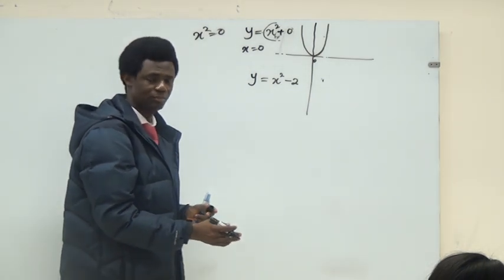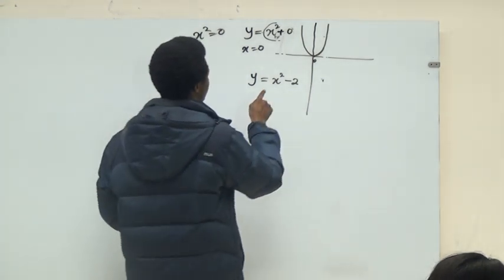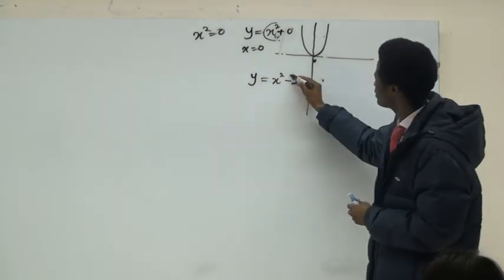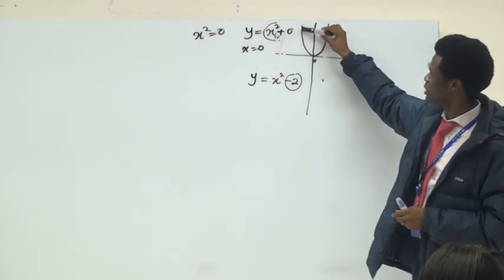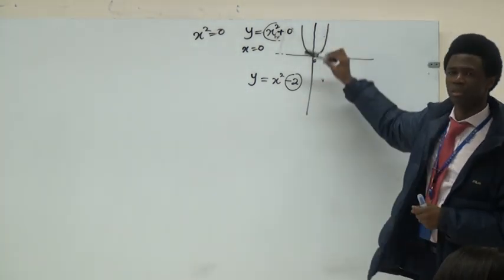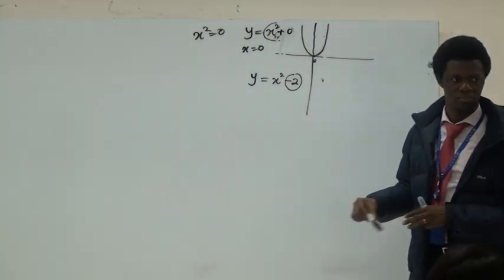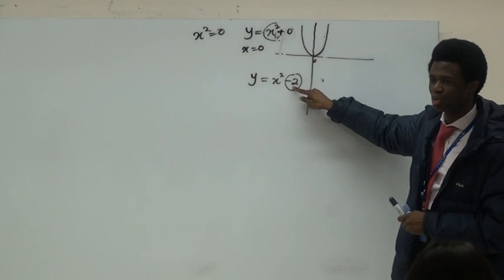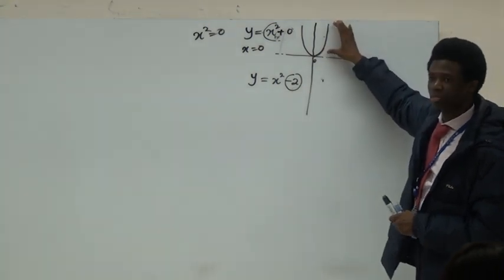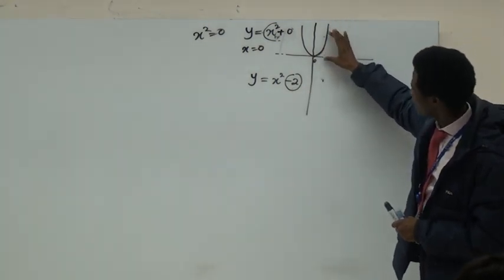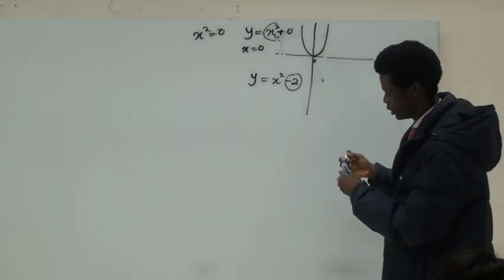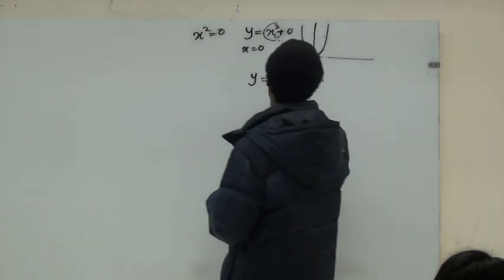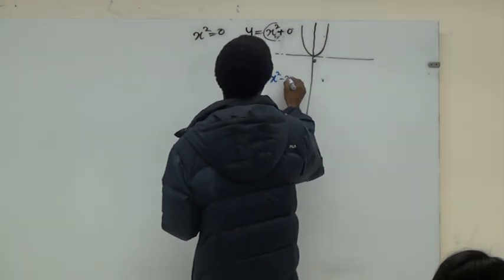Do you understand that? So this y part tells us how the shape moves along the y-axis. By having minus 2, it means this shape is going to be dragged down 2 steps. So this is what we used to have, and now I'm changing the color so we can see.